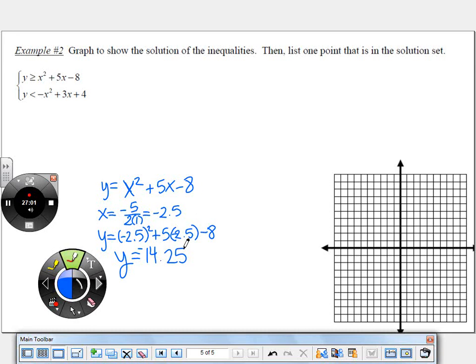I'm going to number my y-axis by 2's. Okay. I'm just going to mark that on here one time so I know that. There it is.